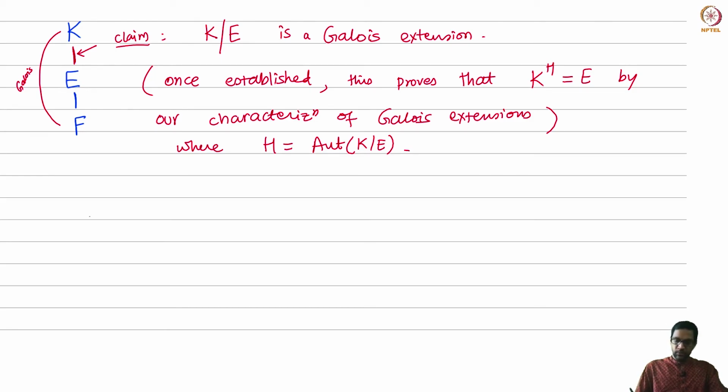Now to prove this, we will use the other characterization of a Galois extension, which is that it's normal and separable. So if K over F is normal and separable, we just need to show that the same is true of K thought of as an extension over E. So let's do that. K over F is normal and separable.